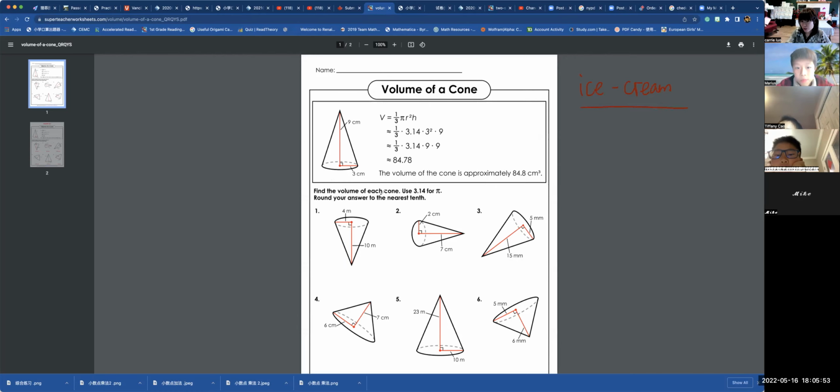So this question is actually very, very important. If you notice, all the ice cream cones are that shape. You seldom see this shape. If you have one like this, and then there's ice cream right here.